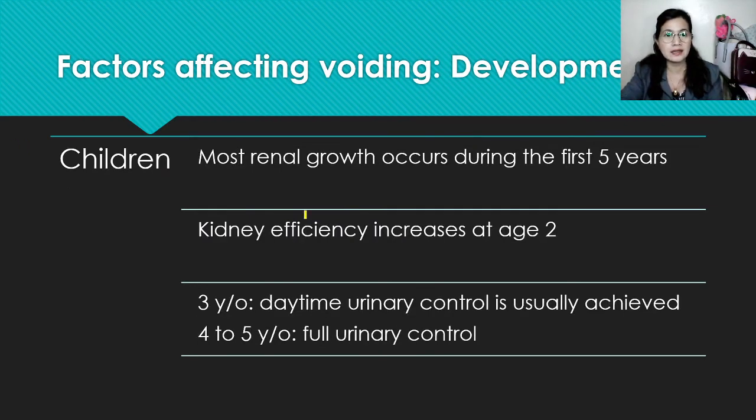Among children, most renal growth occurs during the first 5 years. Kidney efficiency increases at age 2. Okay, and 3 years old children, their daytime urinary control is usually achieved, and for 4 to 5 years old, there's already full urinary control.